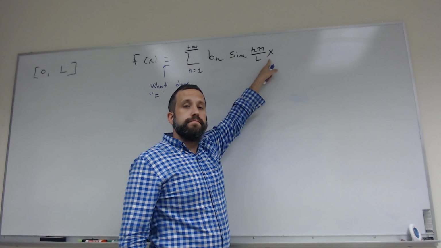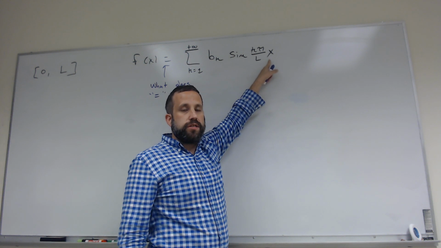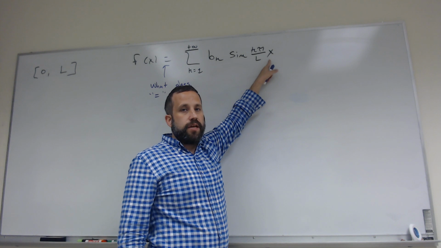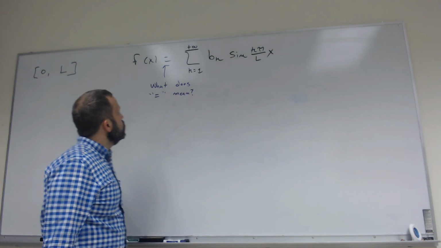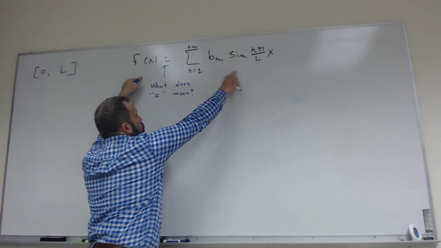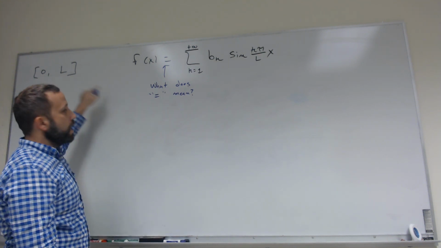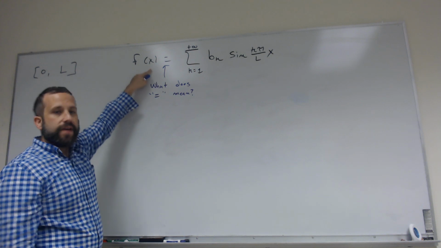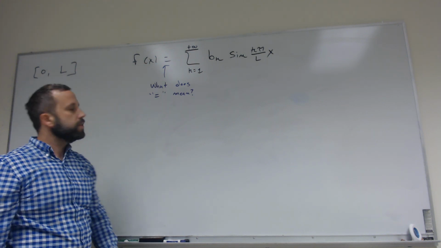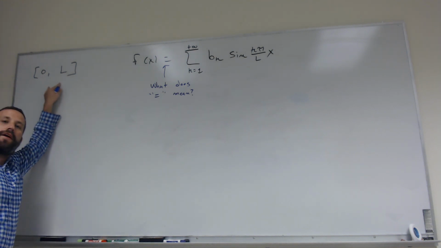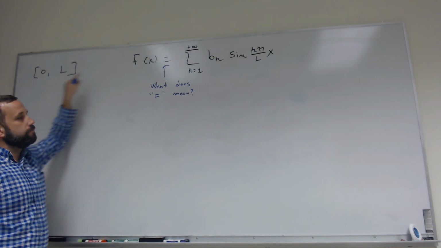Because if I plug in x equal to 0, it's sine of 0, which is 0. If I plug in x equal to L, it's sine of k pi, which is also equal to 0. So the only way this can hold for all values of x from 0 to L is if f of 0 and f of L are both equal to 0. But there are a lot of really nice functions defined on 0 to L that don't satisfy that.